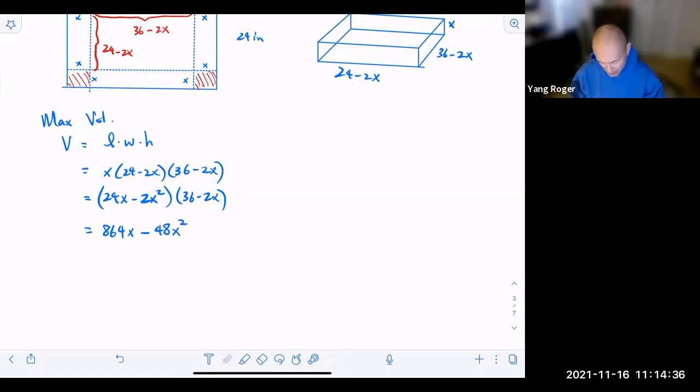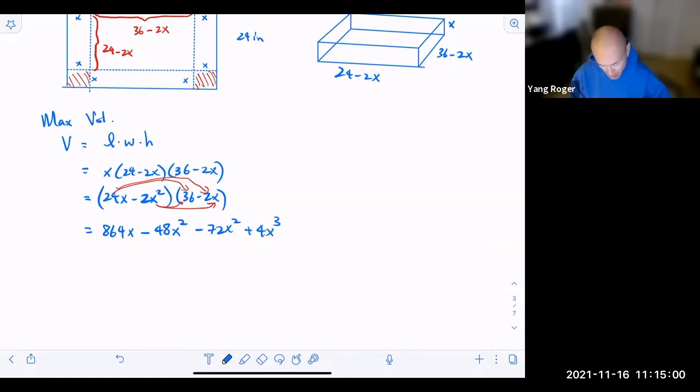That's distributing this guy like this. And then for the next guy, I've got to distribute these like that, and when I do that, I'm going to get negative 72x squared, and then plus 4x cubed.